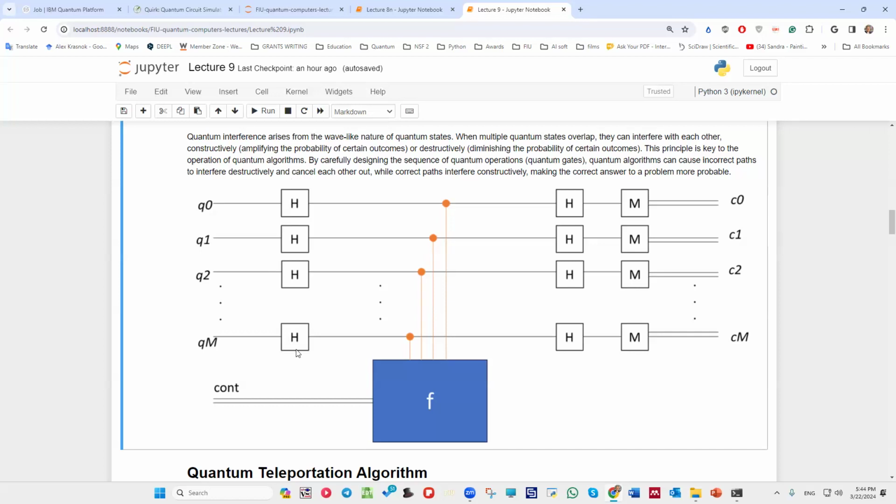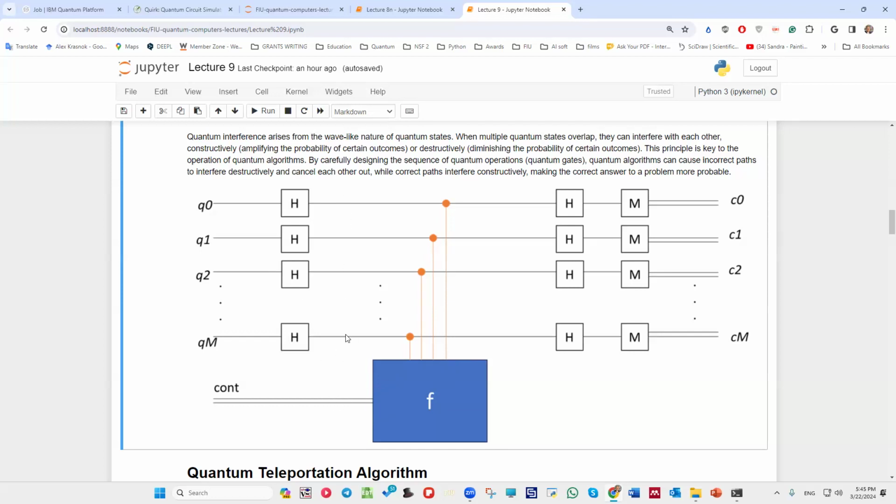What we do first, usually, we bring all these qubits to the balanced superposition, applying a number of Hadamard gates. Okay, so we create a superposition of all these states. If it is n qubits, then it's going to be 2 to the power of n basis states.